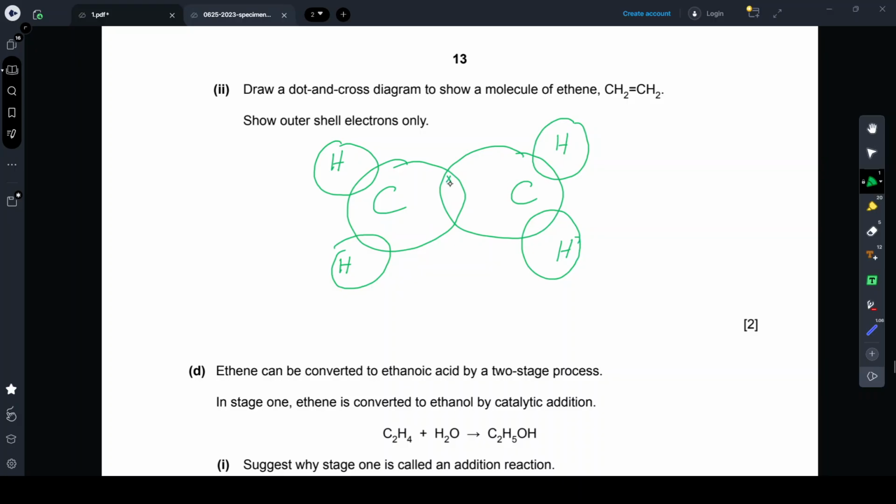One cross and one dot, so that's two electrons. Yeah. That's it. And we will repeat that again. All right. So you got a double bond, and these guys will be the same. Does that look okay? Yeah.